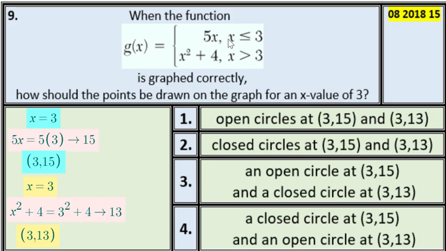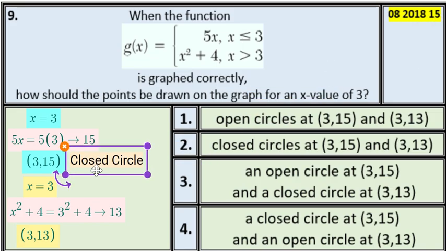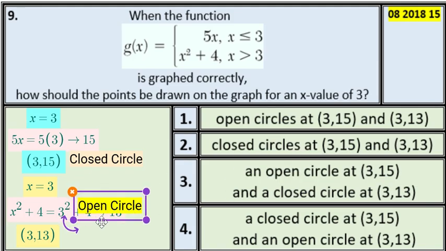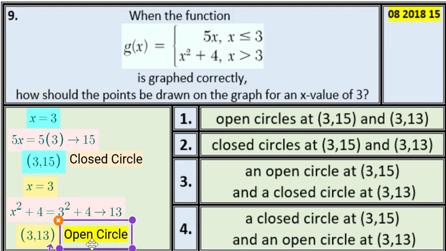When I put x into this function, I have a closed circle because that's a point on my graph. Now, when I come down here and put 3 into this function, this does not have an equal sign. So that means that we have an open circle at this point on the graph.